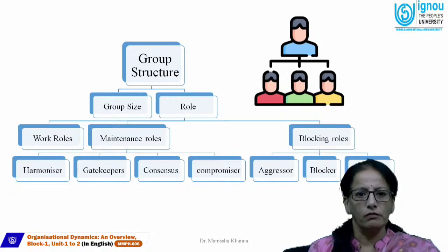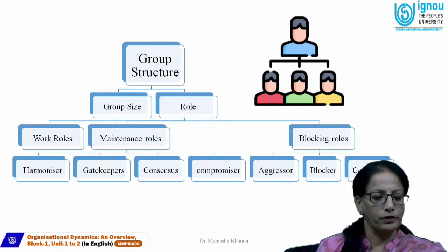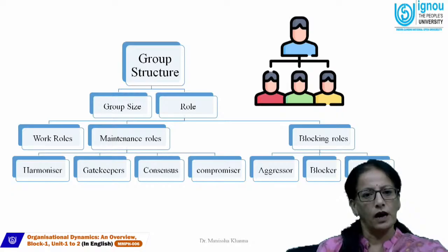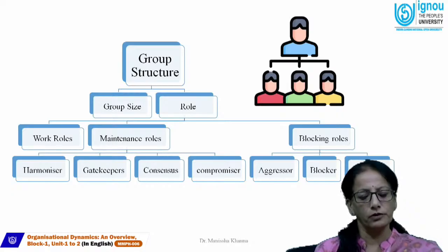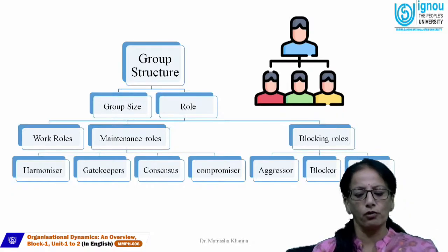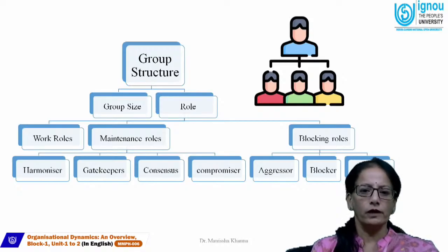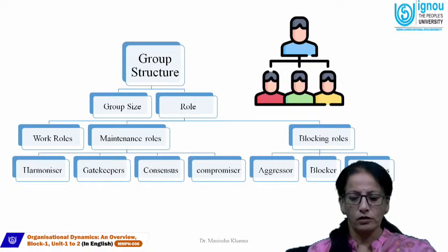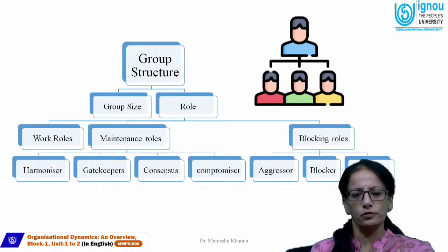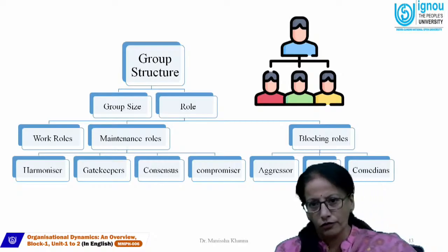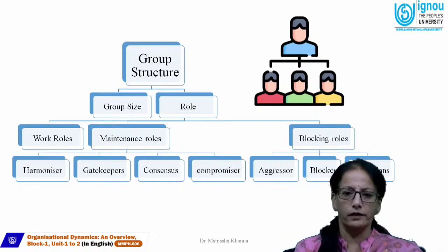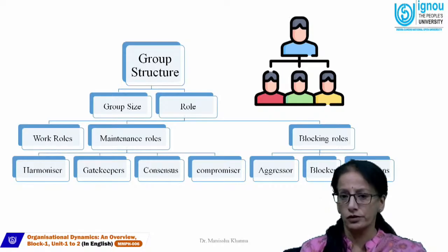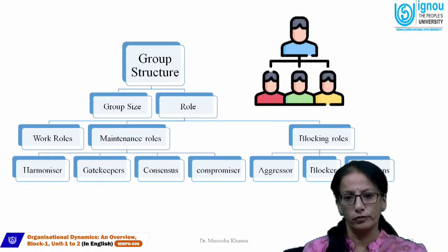The maintenance roles refer to the harmonizers, the gatekeepers, or the compromisers, whereas the blocking roles are the aggressors, those who block things, or those who work in a very relaxed mode, not serious about the roles. So they are known as comedians.